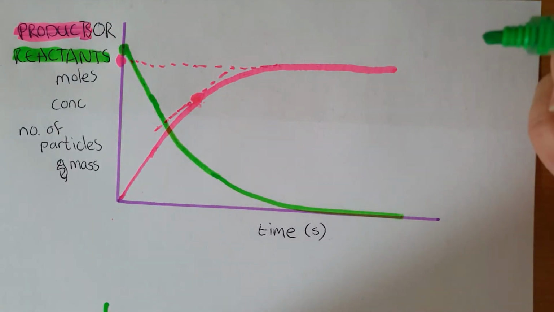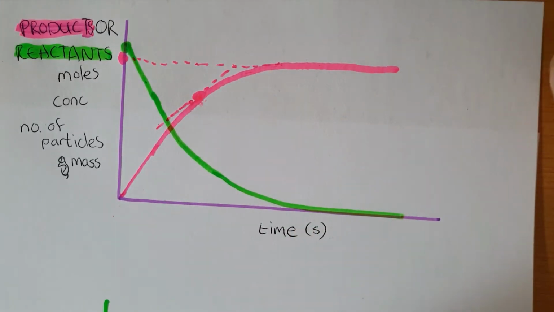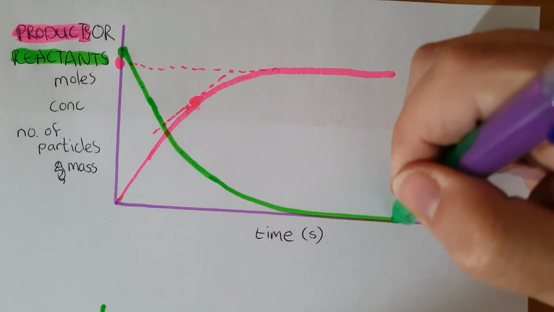According to the collision theory, there'll be less particles per unit volume to collide, which means there will be less particles for effective collisions per unit time, and therefore the reaction rate is low. And then when it reaches 0, again, we zero off. That means we've got no more reactants left, and the reaction is done. And so the reaction rate is 0.